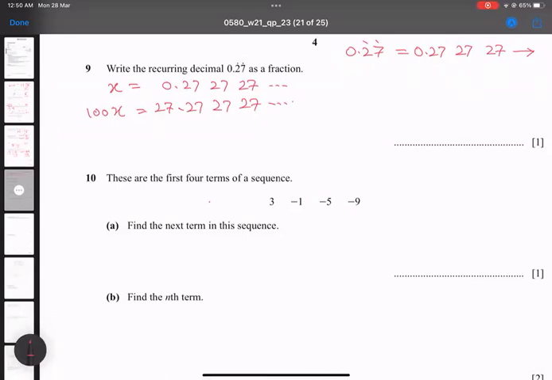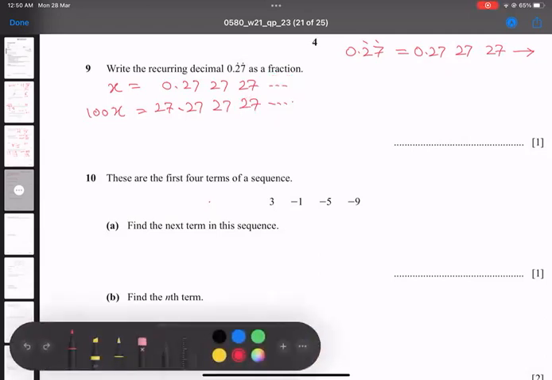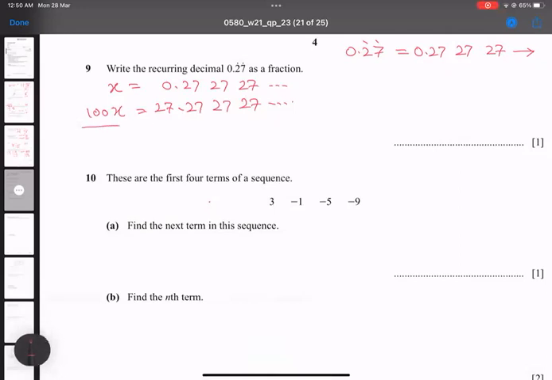If we have a sea and we take one bucket of water out of the sea, no effect will come. So 27 was hidden here, it came here. This is the way they are equal to each other. So you can see that if I subtract them, common sense, after the decimal, all values will cancel. From here I will get negative 27, and from here, negative 99x, and divide.